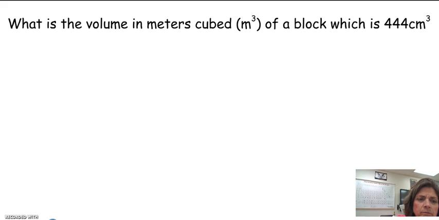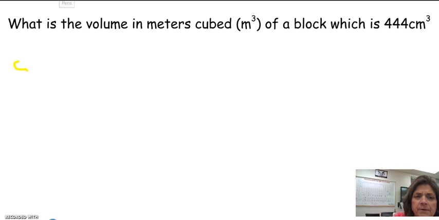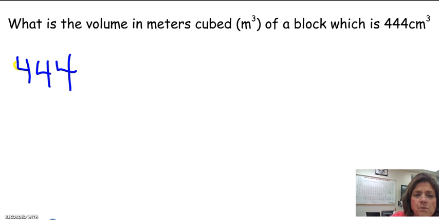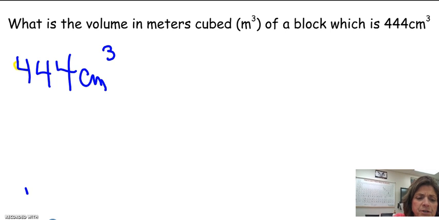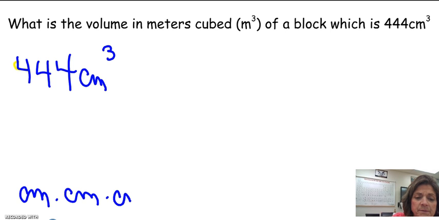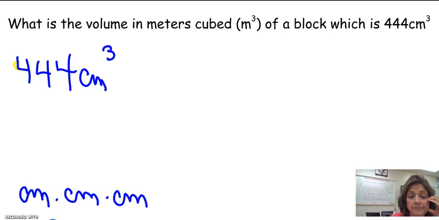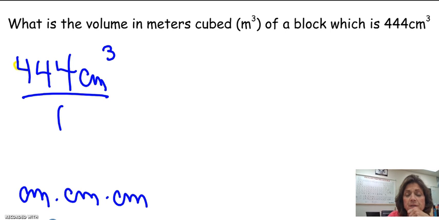I found the given. 444 centimeters cubed. Isn't centimeters cubed the same as centimeter times centimeter times centimeter? Yeah, centimeters cubed.